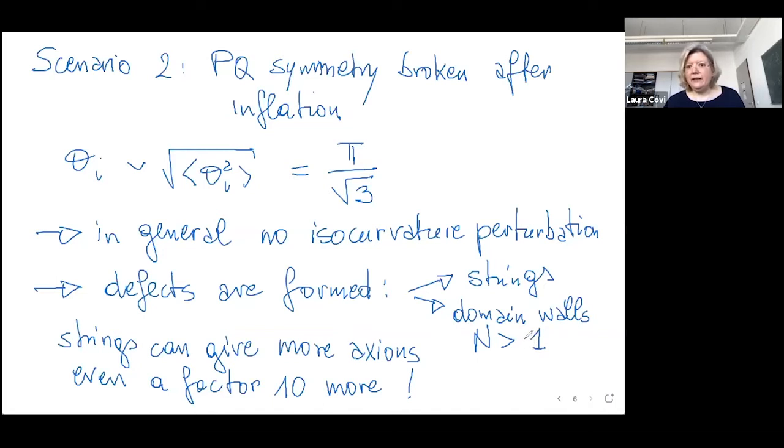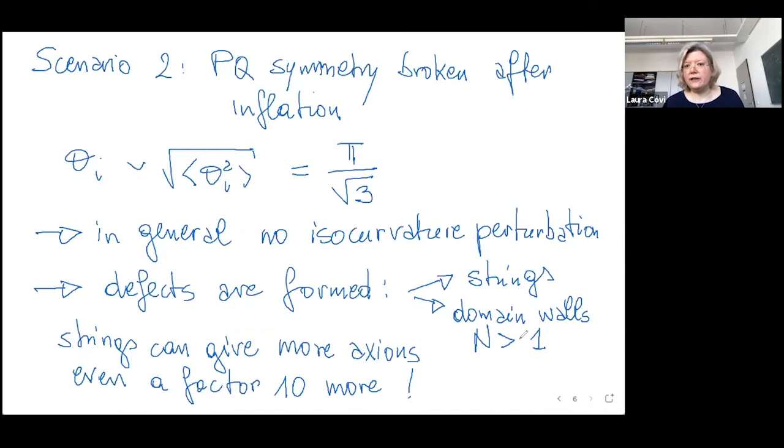And to have them decay, you need to break the Peccei-Quinn symmetry additionally with some other terms, so that at the end, if you want, you modify the potential, and the vacua are not all degenerate, so that you have only the vacuum at 0, if you want, that is preferred, and all the rest are a little bit less preferred, so that you can at the end decay.